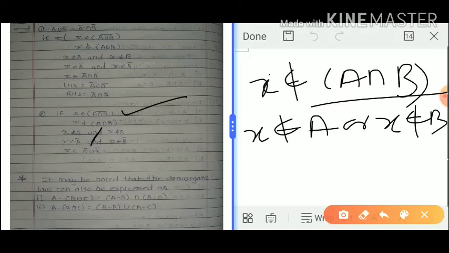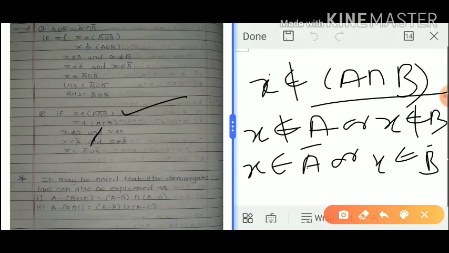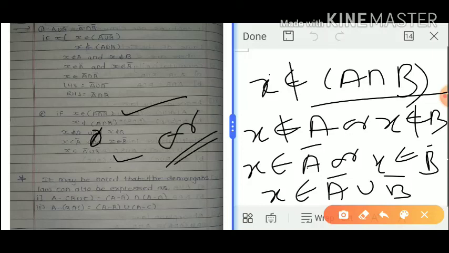Next we can write the same thing in the form of complements: X belongs to A complement or X belongs to B complement. That means X belongs to A complement union B complement. We should use 'or' here, because 'or' means union.